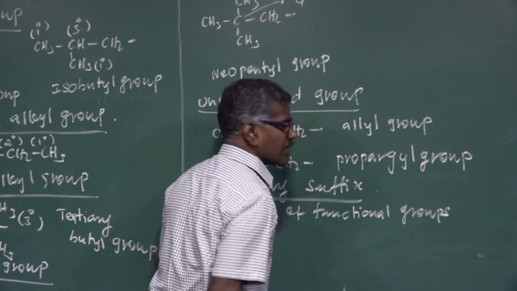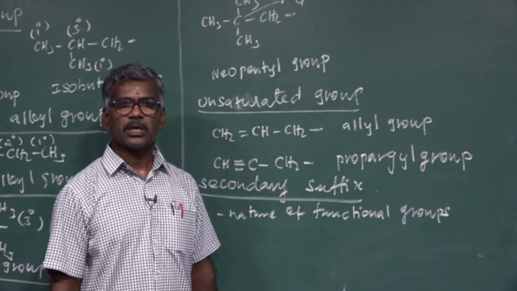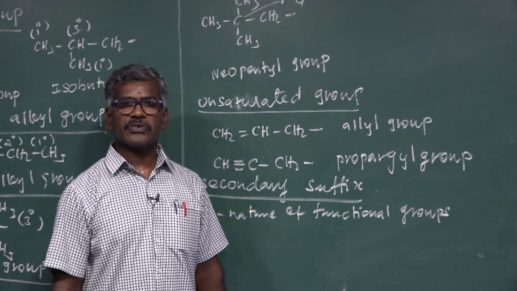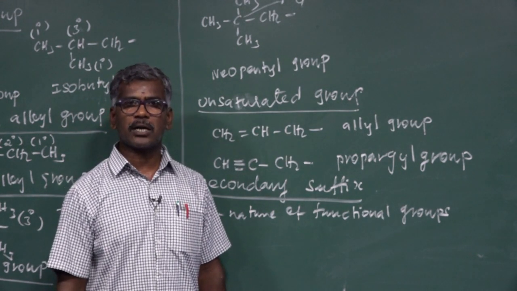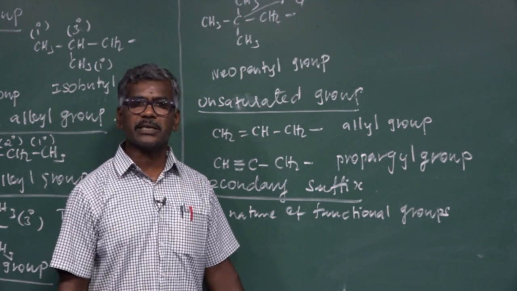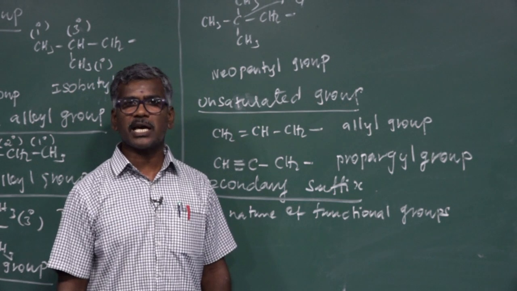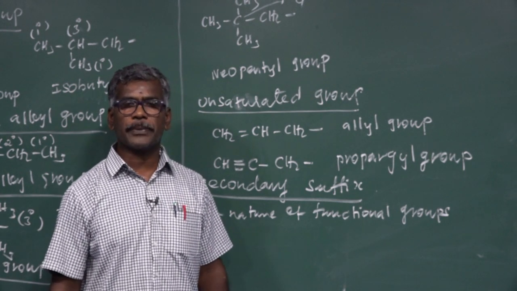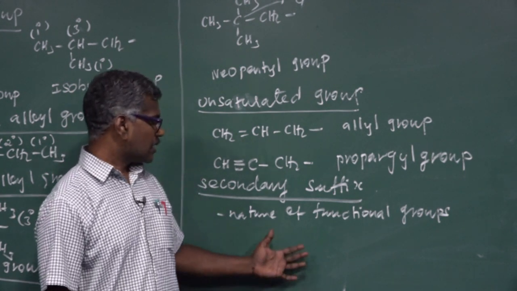Functional groups we discussed in the last class. Totally 30 functional groups. First one is what? Alkyl halide, alcohol, ether, aldehyde, ketone, carboxylic acid and their derivatives, nitro compounds and amine. These are important topics used in NEET.